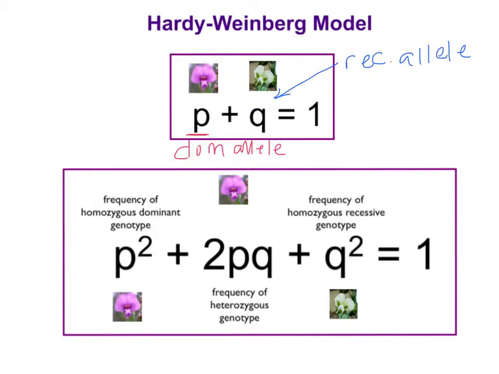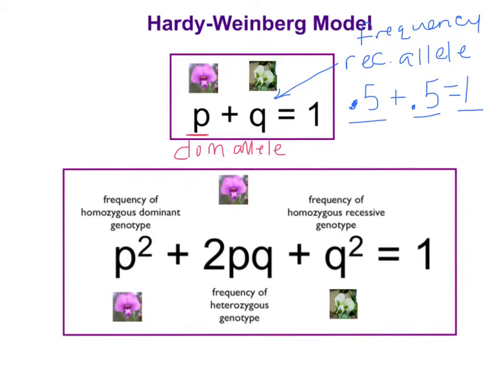And when you add the frequency of the dominant allele plus the frequency of the recessive allele, we should get 1. If you'll remember from our previous example, the frequency of the dominant allele is 0.5 and the frequency of the recessive allele is 0.5. 0.5 plus 0.5 is 1. So that works out really nicely, and it always does. The two added together will always equal 1.